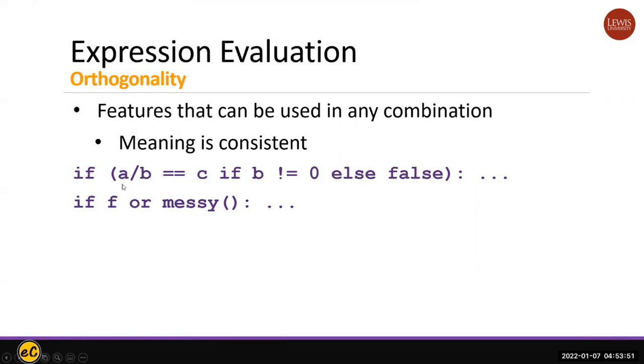And A divided by B equals C if B not equal 0, else false. So you evaluate B equals 0 first. If B is not equal 0, then we will return this value. Otherwise, we will return false.